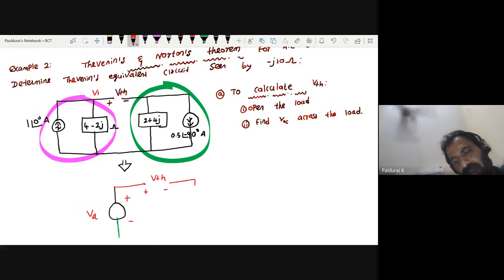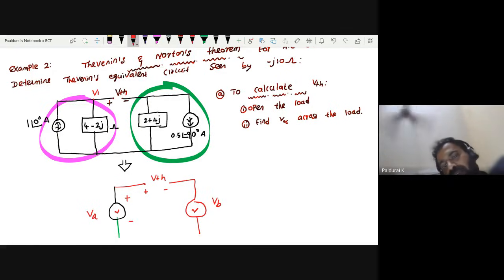Coming here, this time this is a voltage source whose value we will find later. Take it as VB. Is it minus 2 plus or plus 2 minus? As per my direction, this arrow indicates positive, so this is my positive and this is my negative.